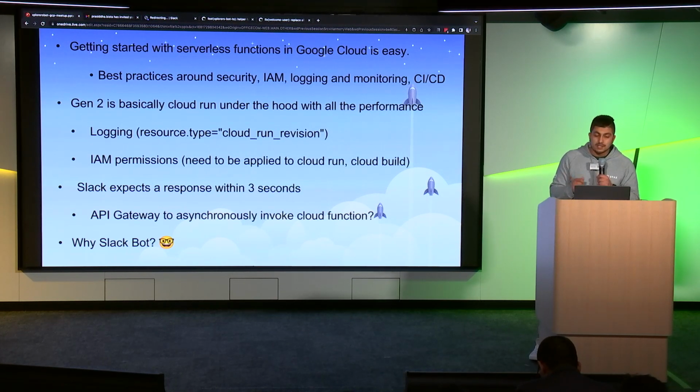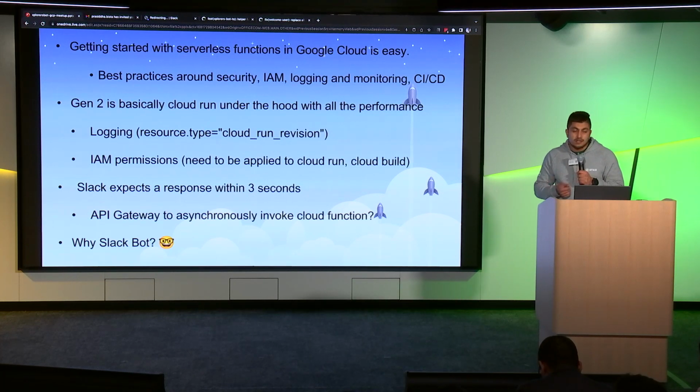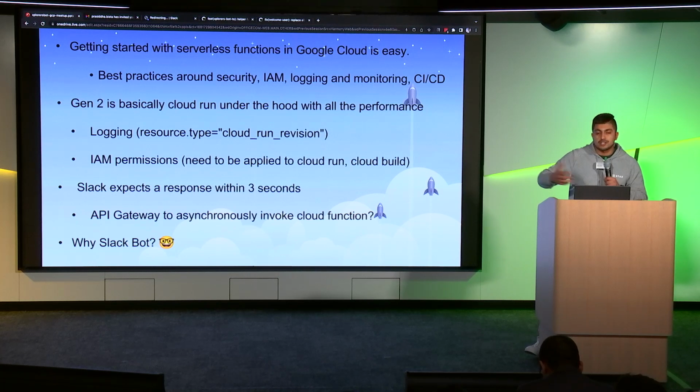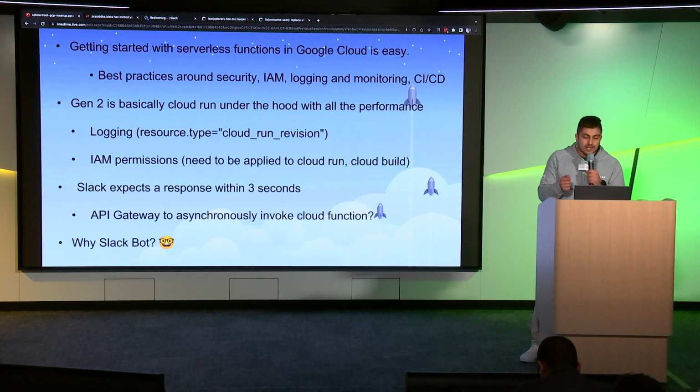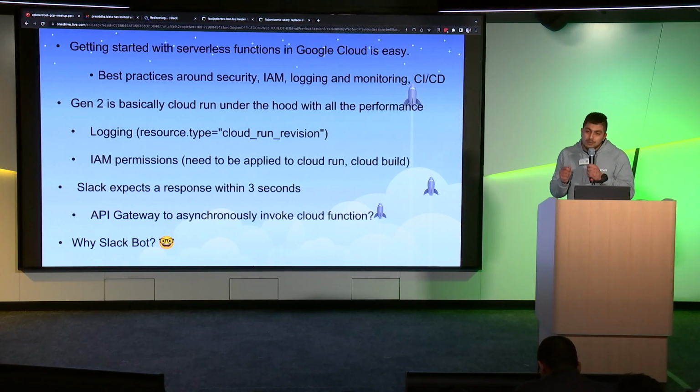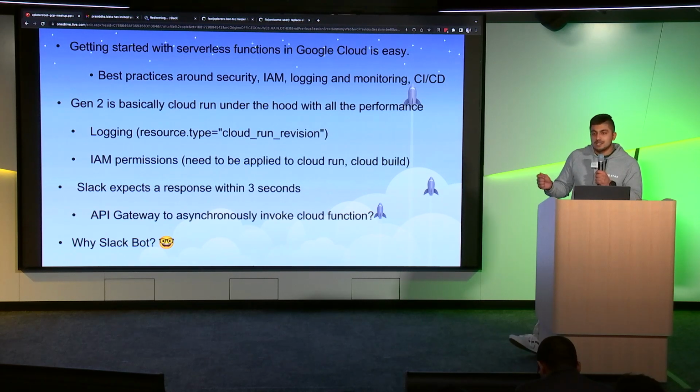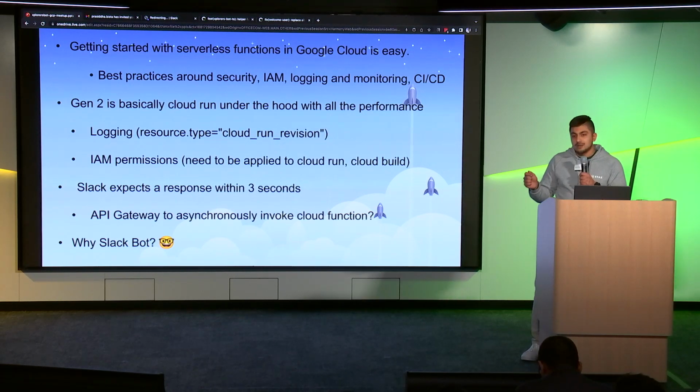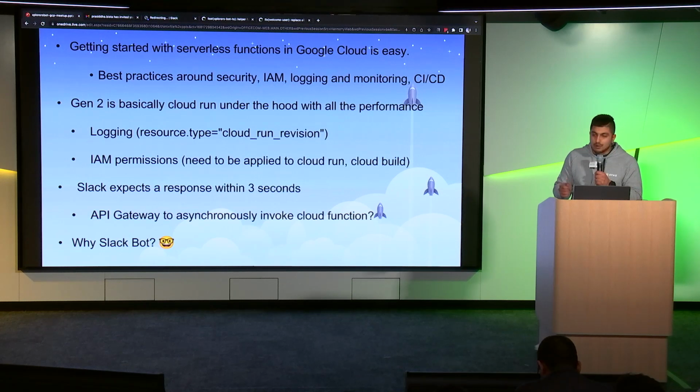And sometimes that takes up to a few seconds. And when Cloud Function takes like 3 or 4 or 5 seconds to initialize its execution environment, and it hasn't replied to Slack with a response, Slack will retry the request. So it'll invoke the function twice with the same event. And the function will then process the same event twice, which is not ideal.